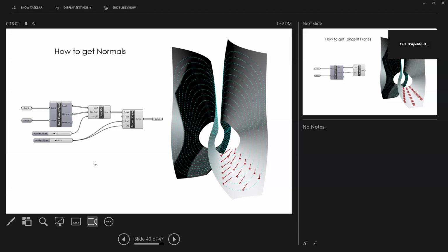So you can always do this, even if you can't find the points in any other way than marking them manually. You can use this little bit of code, put points in here, a surface in here, and it will draw the normals for you like this. Then you can extend them in two directions like this, and that will allow you to make bolts.